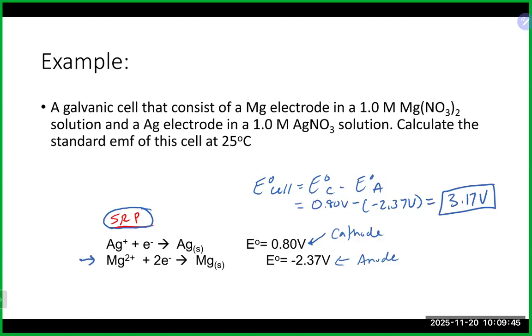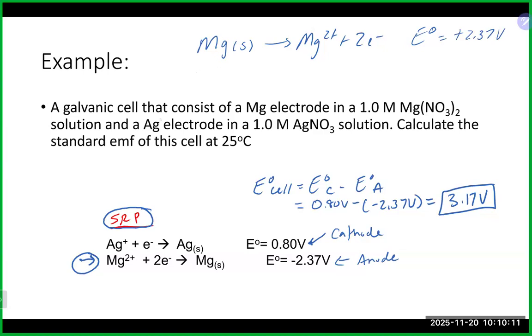I didn't ask for it, but if we were to write the balanced equation here, since this guy would be reversed, we would end up with magnesium on the left there, this guy here, and this. This is now an oxidation reaction, which means our standard oxidation potential would reverse if you were to quote it for that equation, the way it's written.